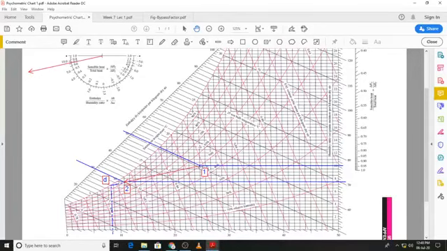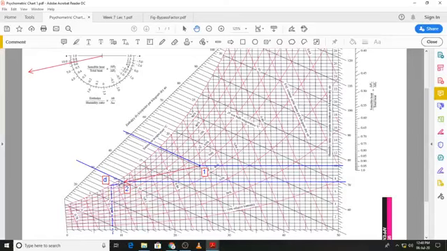You can see I have already located state 1 and state 2 using the properties given in the problem. At state 1, 50% relative humidity and 25 degrees C dry bulb temperature. Similarly, at state 2, you have 11 degrees C dry bulb temperature and 90% relative humidity.